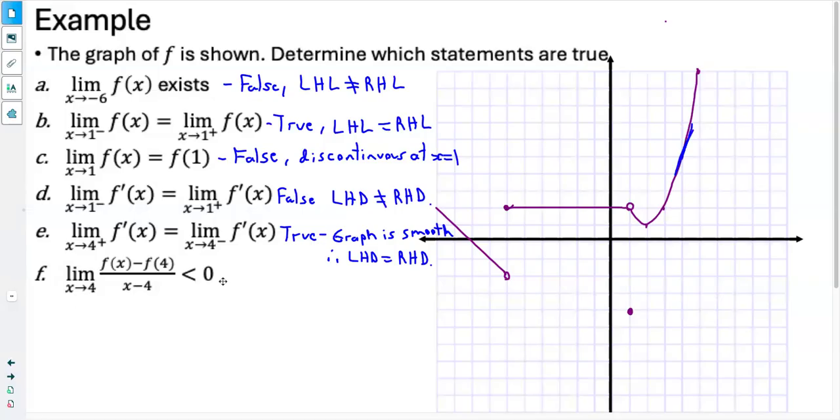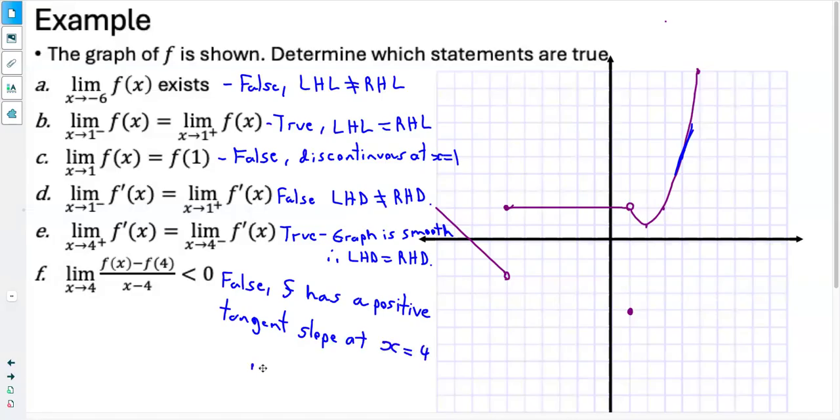So we can say false. f has a positive tangent slope at x equals 4. Therefore, f prime of 4 is greater than 0. It's not less than 0.